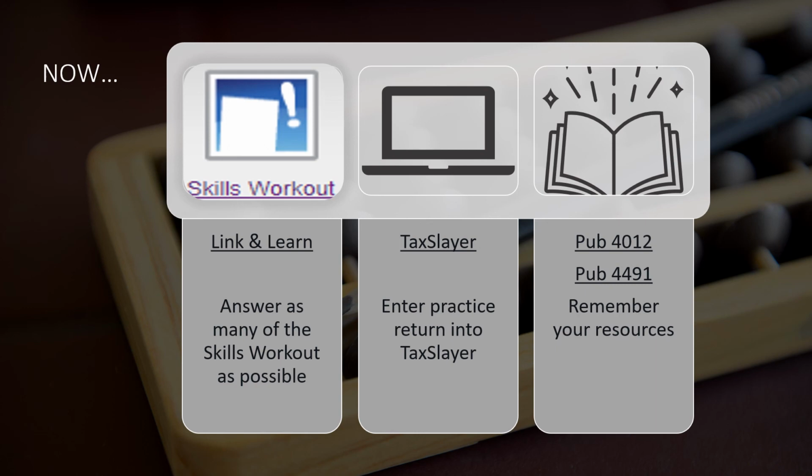And then we have Publication 4491, which gives a little more detail than this video and is always a resource. Remember, the resources are available to you when you take the advanced certification exam. It's open book, so feel free to use the resources.